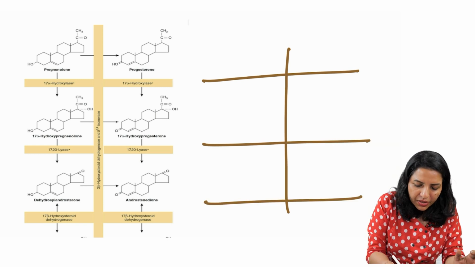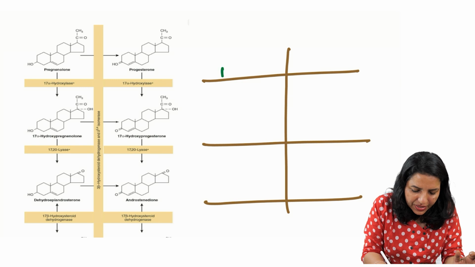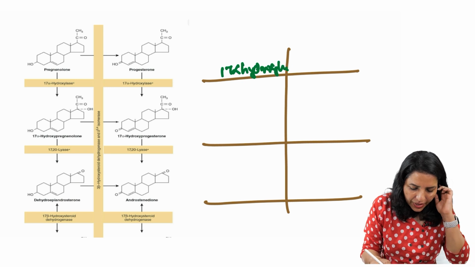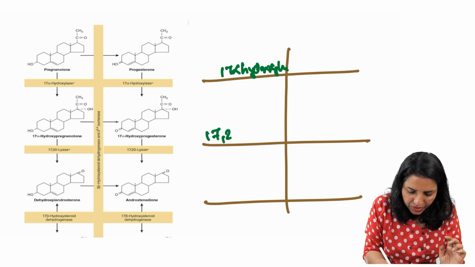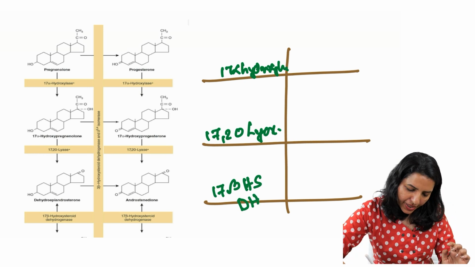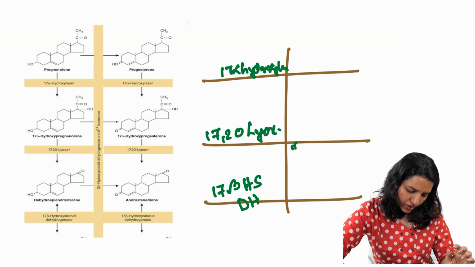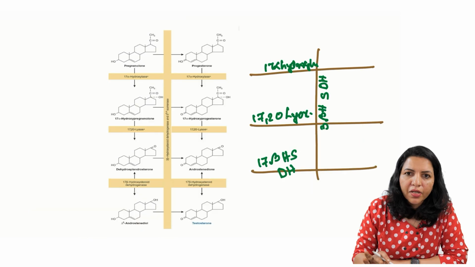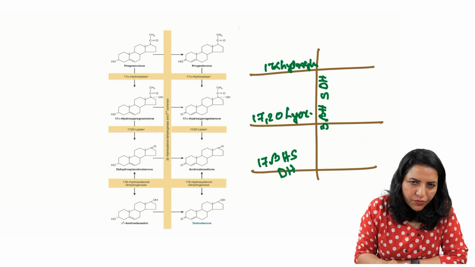In this line you write 17 alpha hydroxylase, in the second line you write 17,20 lyase, and in the third line you write 17 beta hydroxysteroid dehydrogenase, and this line is an enzyme called 3 beta hydroxysteroid dehydrogenase.